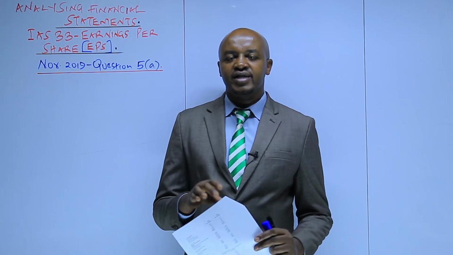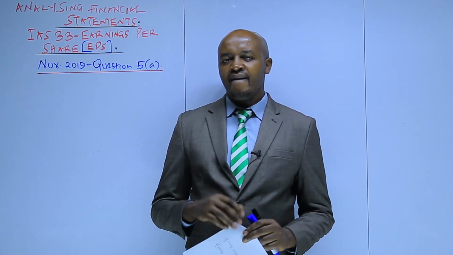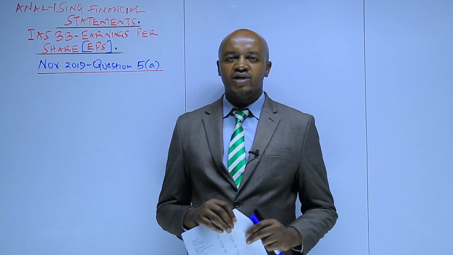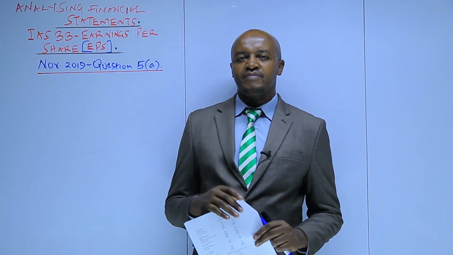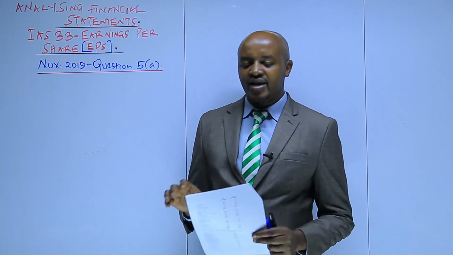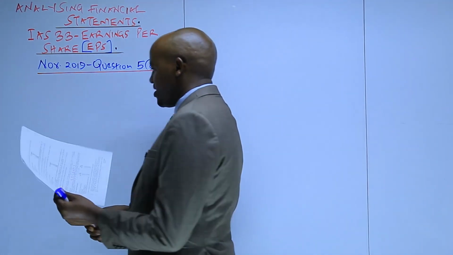And what we said is that in computing the basic earnings per share, we take the profit attributable to ordinary shareholders and divide that by the weighted average number of ordinary shares. In other terms, we take the PATOS, divided by the weighted average number of ordinary shares.